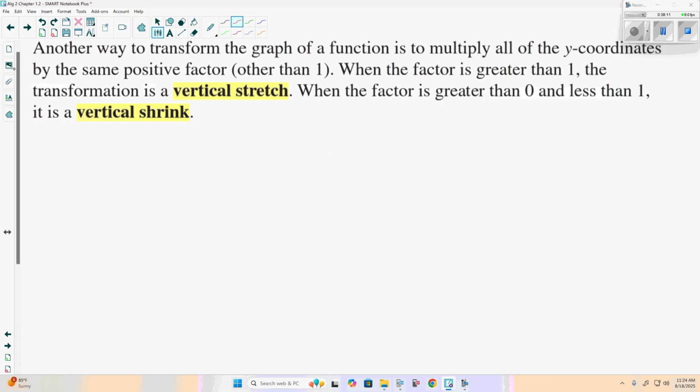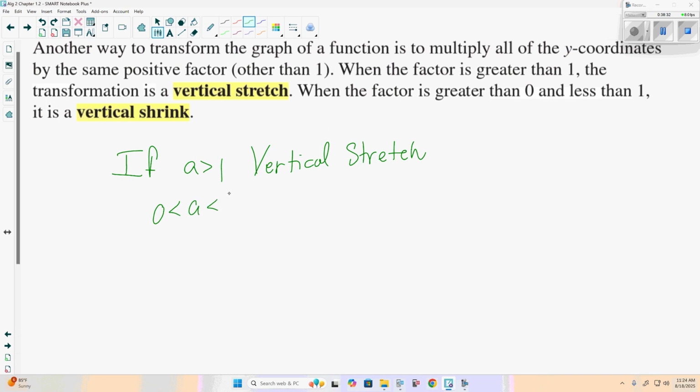Stretches or shrinks the function if a is greater than 1. If the number in that a spot is greater than 1, it is a vertical stretch. If the value of a is between 0 and 1, it is a vertical shrink.